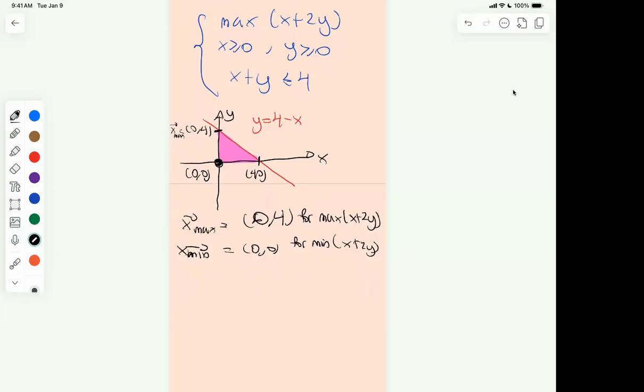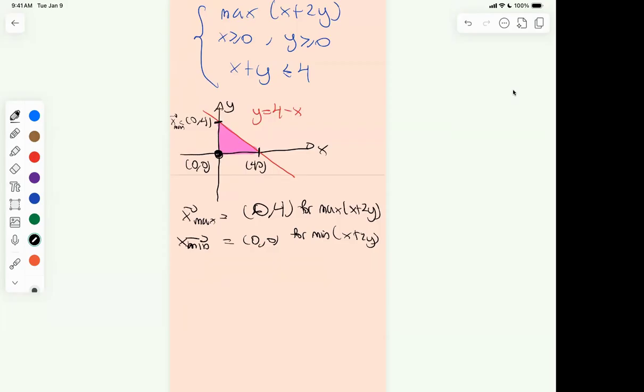Okay, now, this one I'm doing is a really dumb example because it is literally the only one that I can draw. If I wanted to turn this into the standard format with equations, I have to add a slack variable here. I'll just call it Z. So in equation form, what do we have?